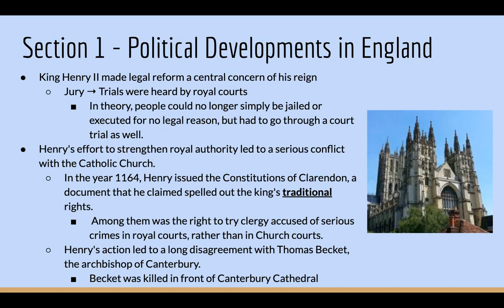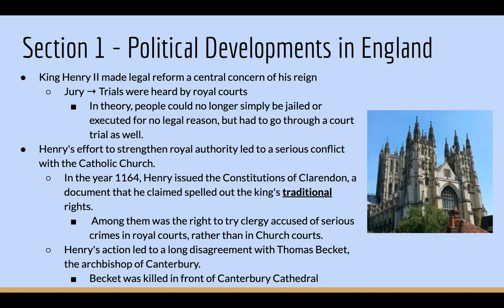Henry's action led to a long and bitter quarrel with his friend named Thomas Becket, who was the Archbishop of Canterbury. In 1170, four knights who were probably seeking the king's favor, so they wanted to be in good graces with King Henry, killed Becket in front of the main altar of Canterbury Cathedral, which is pictured over here on the right.